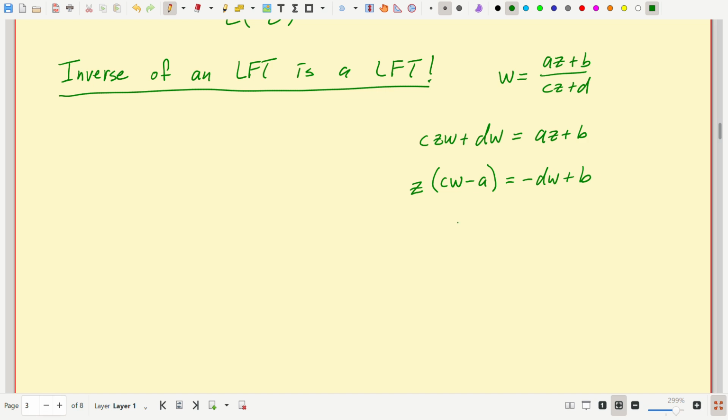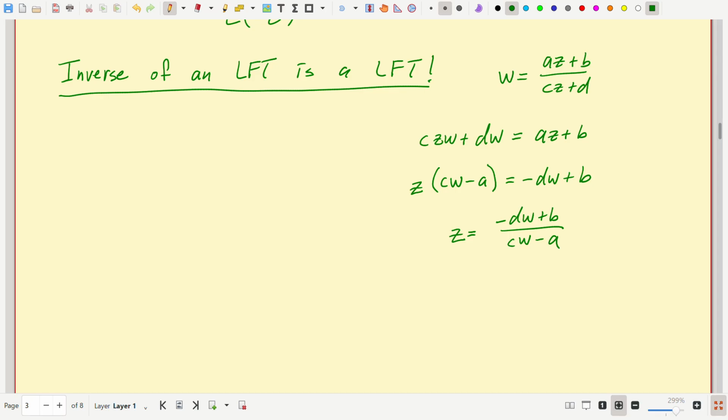Now I divide to isolate Z, and get Z is minus DW plus B over CW minus A.